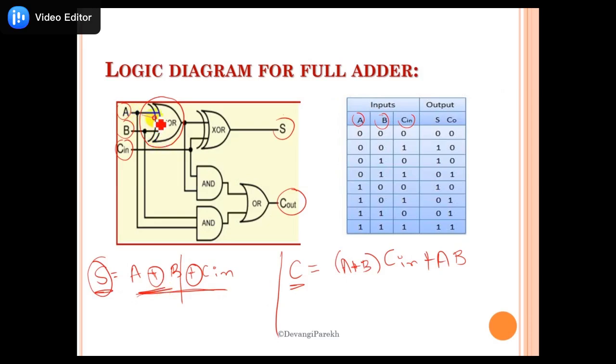So I have drawn A XOR B. Here the output will be A XOR B. In this we have to again do an XOR with C. So this is the one output, and the third one, this line, is going again into this XOR gate. So A XOR B XOR C. So with the use of two XOR gates, I am going to draw the circuit for sum.